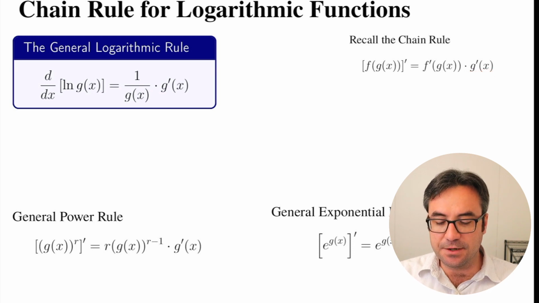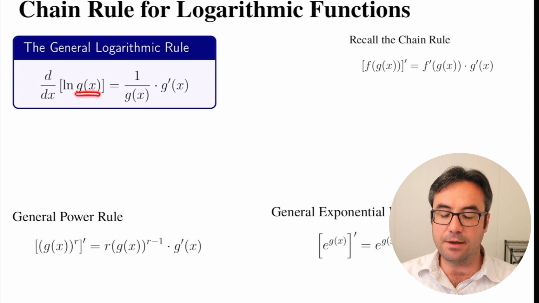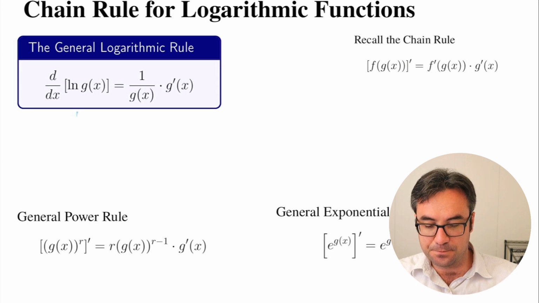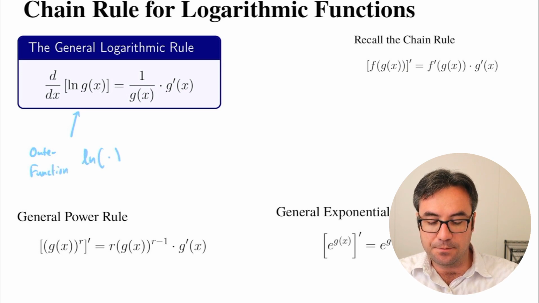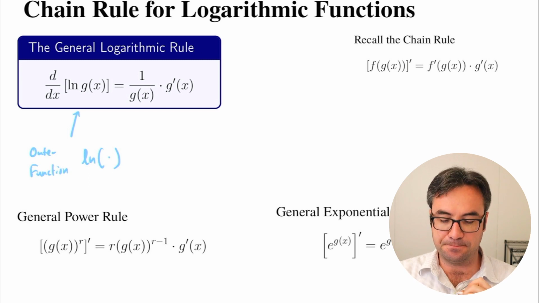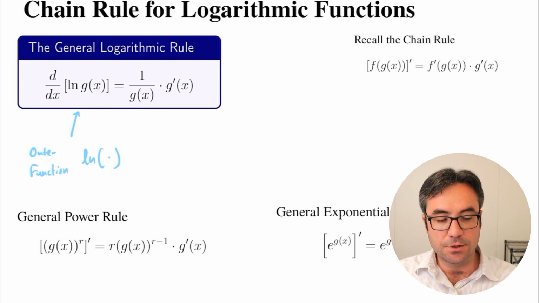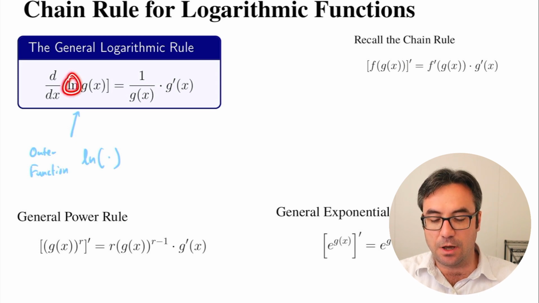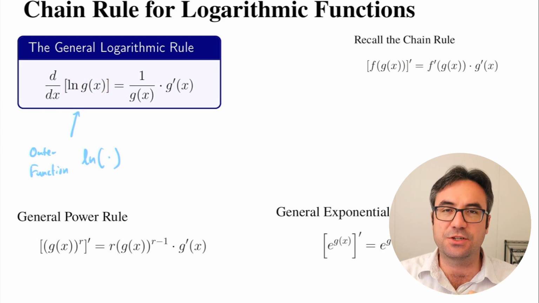So if we're trying to differentiate something where natural log is the outer function, let's just note that. The outer function here is natural log of all the stuff that's inside. So we're trying to differentiate natural log of a whole bunch of x terms being plugged into that natural log function.